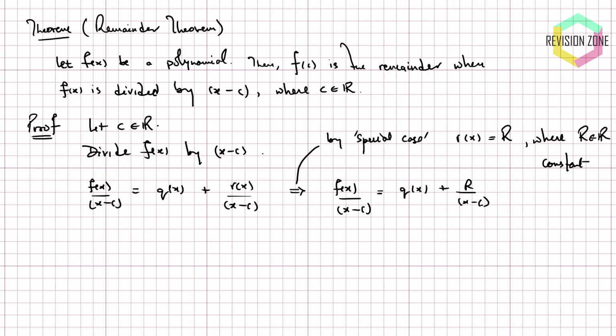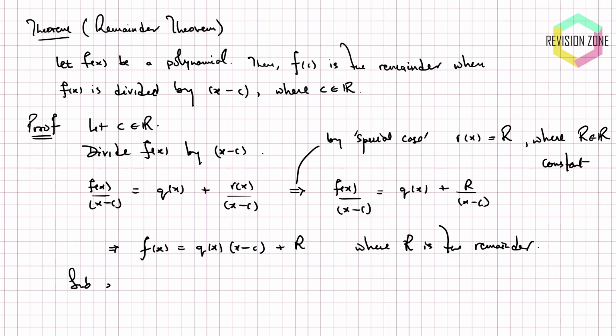So at that stage, we multiply through. This is the exact same argument as the one we gave last time. We say f of x is equal to q of x times x minus c plus r, where of course r is the remainder. Then we substitute x equals c, and we get f of c is equal to q of c times c minus c, plus r. It's the exact same argument as we've seen already. c minus c gives us 0, and anything times 0 is going to give us 0.